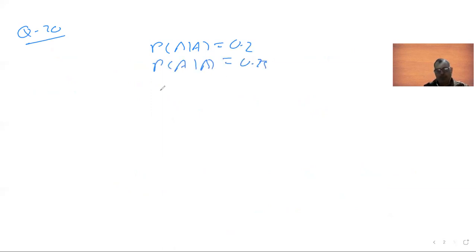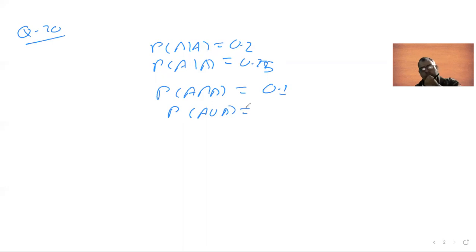Determine A union B. So you can find them. First try yourself, and in case you get stuck somewhere, I will help. Is A intersection B and B intersection A the same thing? Yes, they are the same.